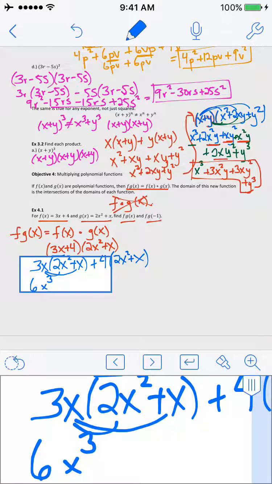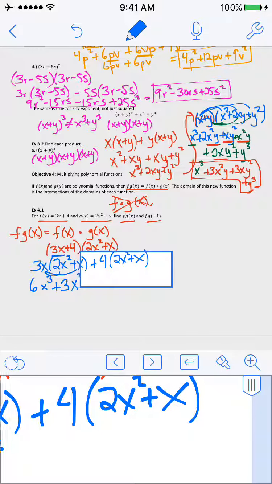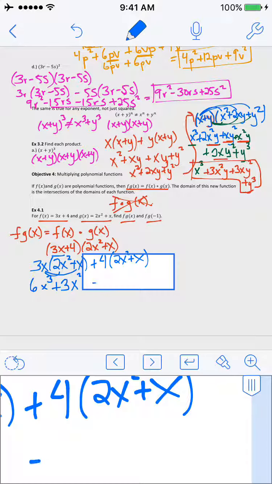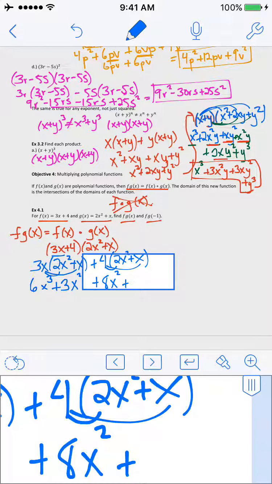Then we'll do the other one, plus 3 times 1, so it's just 3, but 2x's is an x squared. Do the same thing for the other monomial, plus a 4 multiplying in, you've got 8x squared. And then just a 4 multiplying in, you got plus 4x.